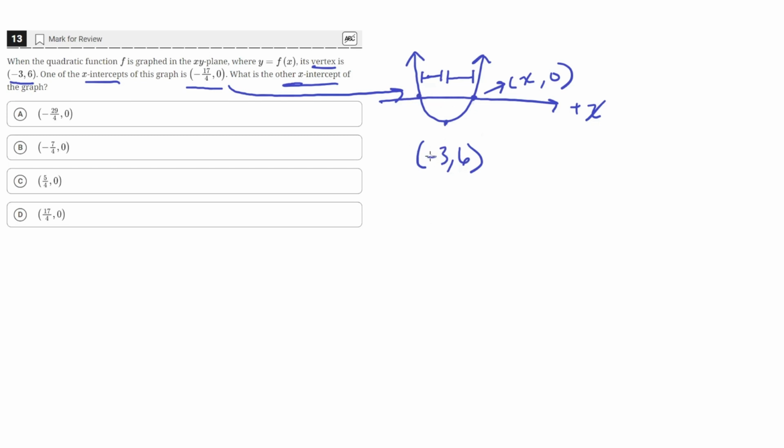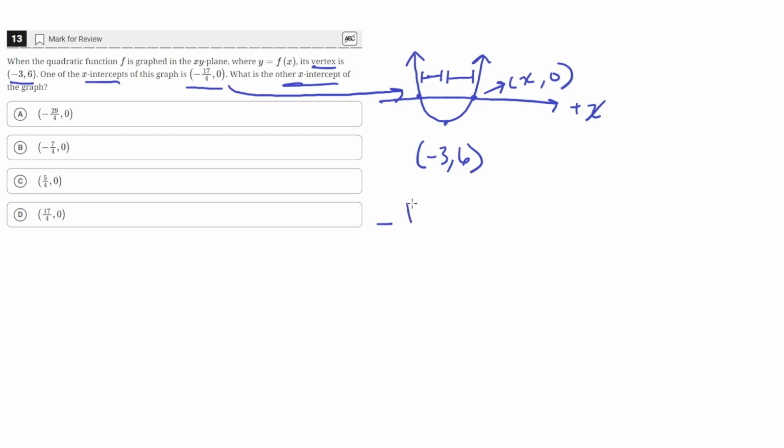So to find the x distance between the x-intercept and the vertex, we just need to find the difference between negative 17 over 4 and negative 3.